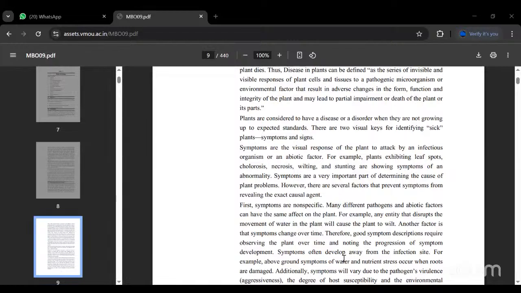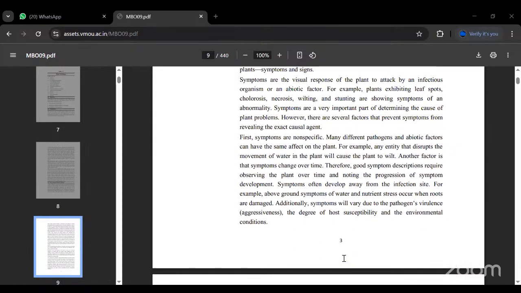First, symptoms are non-specific. Many different pathogens and abiotic factors can have the same effect on the plant. For example, any entity that disturbs the movement of water in the plant will cause the plant to wilt.